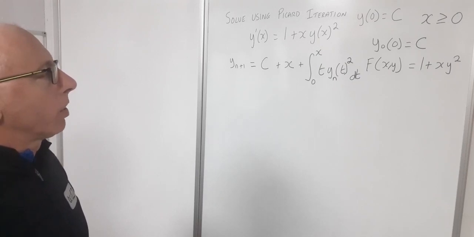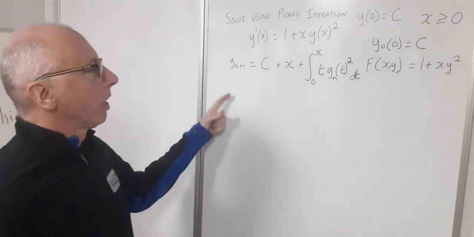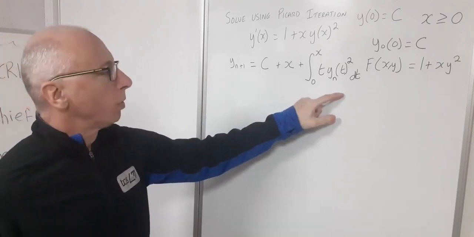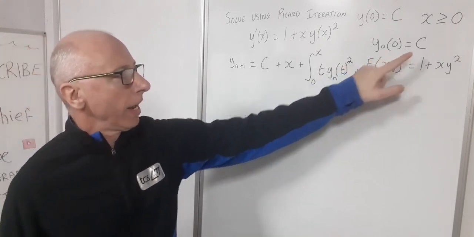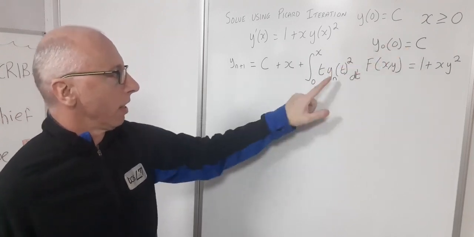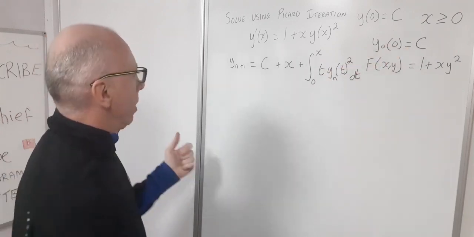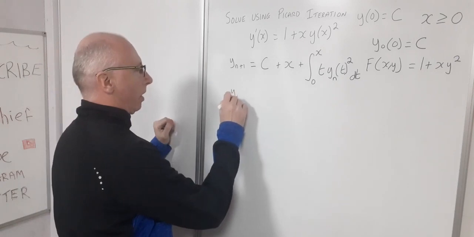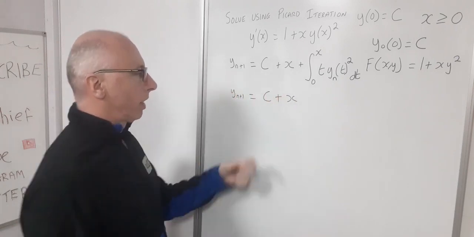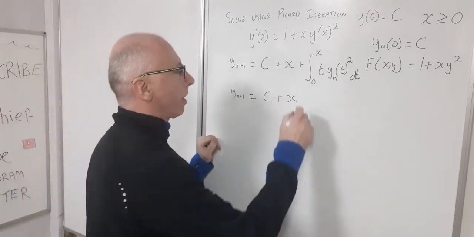Okay, so now what do we do with this? Well, first of all, we need to calculate what our variables will be for our first one. That one there is c. So y of 0 equals c, so here we plug in c. So let's go for that. So y of n plus 1 equals c plus x. These will always stay like this as part of our answer.